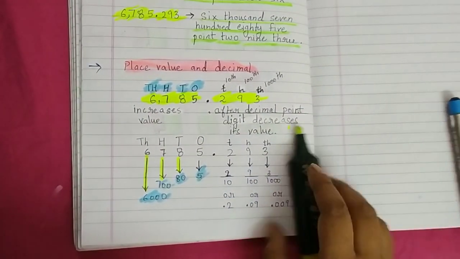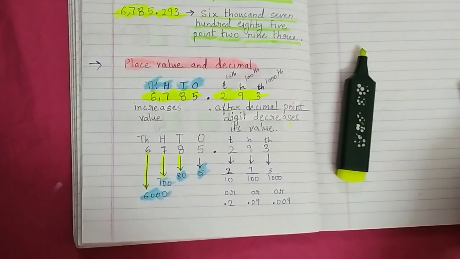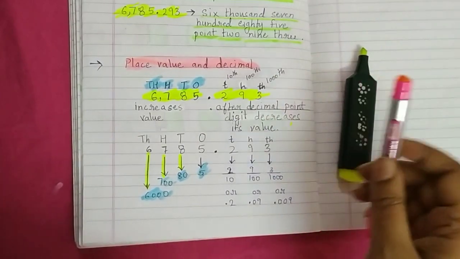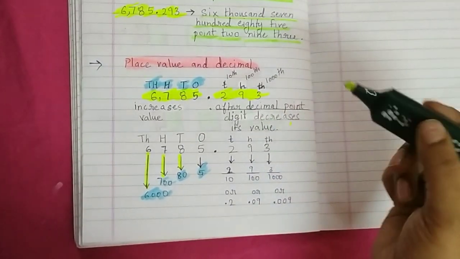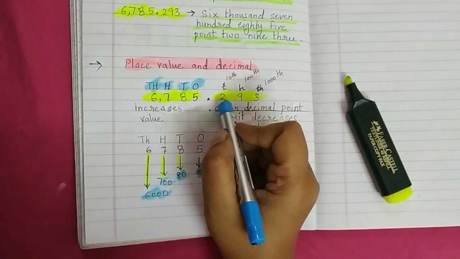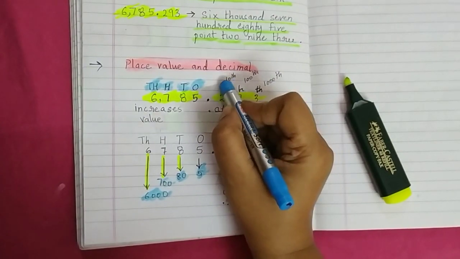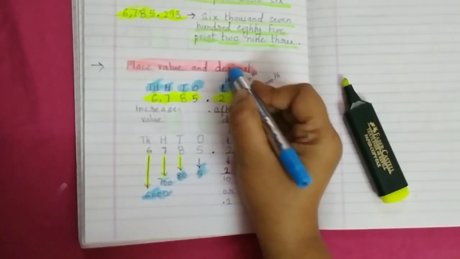Now see here after the decimal, that is on the right hand side. Pay attention here. Just after the decimal, the first digit is at tenth place.